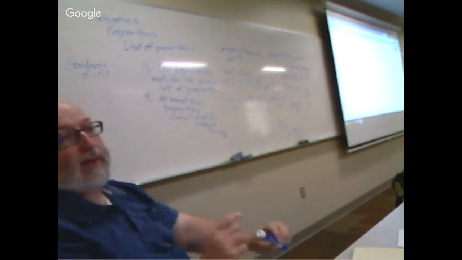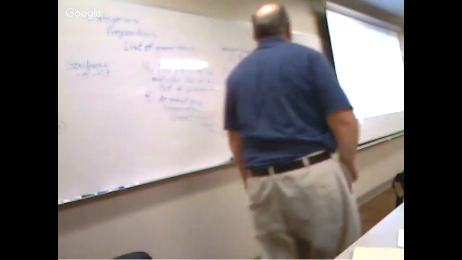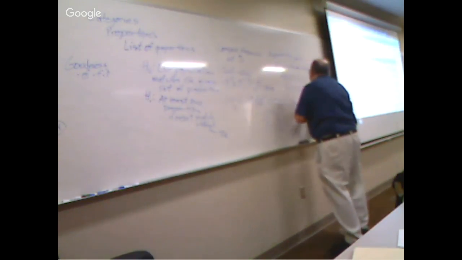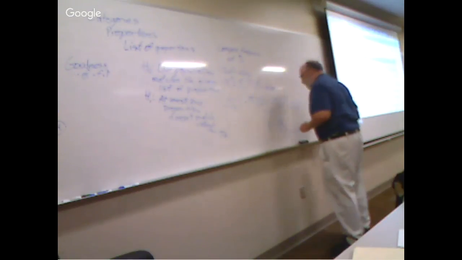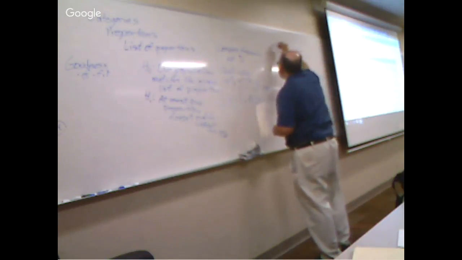So let's go to our chi-squared table here. And we're going to take a look at the chi-squared table and see what happens. Okay. So I'm looking at this. And if I ask the question, what is the p-value?